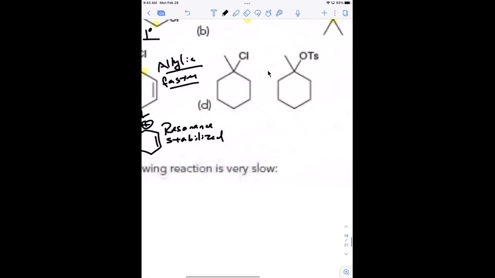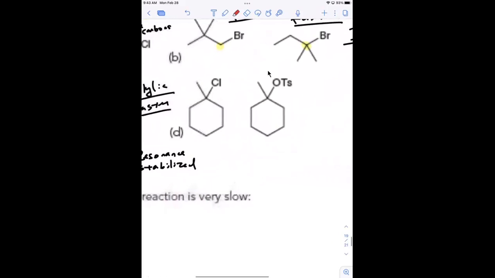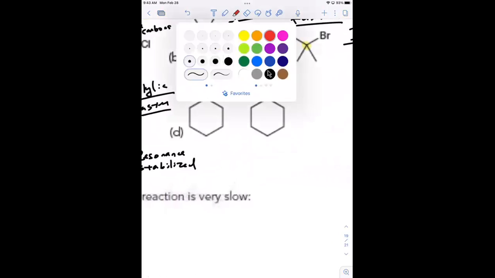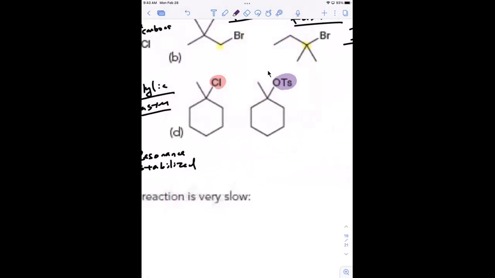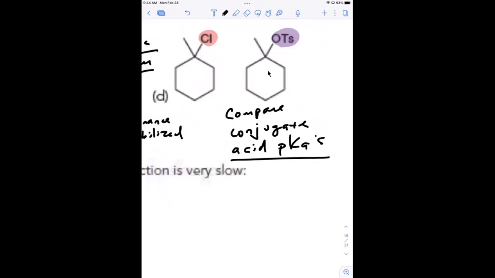All right, let's do the last one. D, what are we comparing? The leaving groups. Leaving groups are different, aren't they? This is chlorine, this is tosylate. How do we tell the difference in the leaving group? What do we need to know? Go ahead. The pKa of the conjugate acid. Yeah, so you want to compare the pKa's.